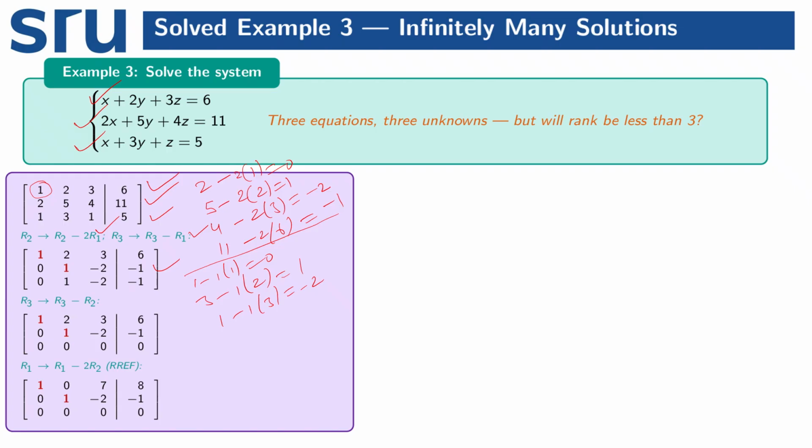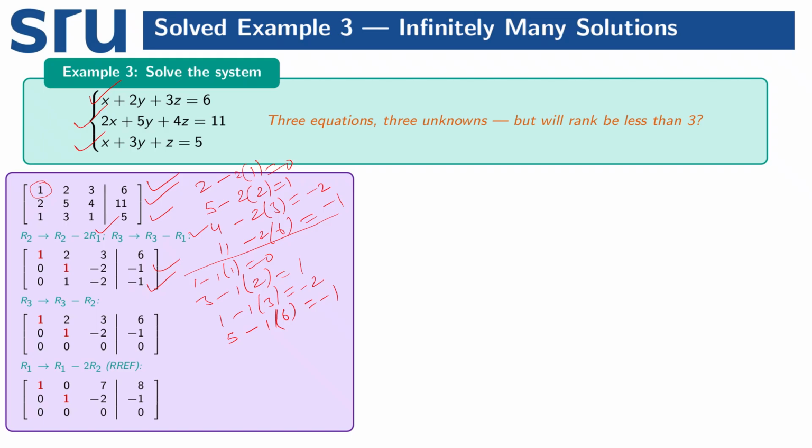Next one is 5 minus 1 into 6, that is equal to minus 1. So our row 3 becomes 0, 1, minus 2 and minus 1.